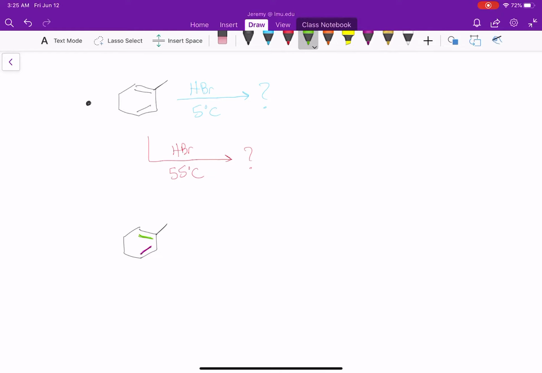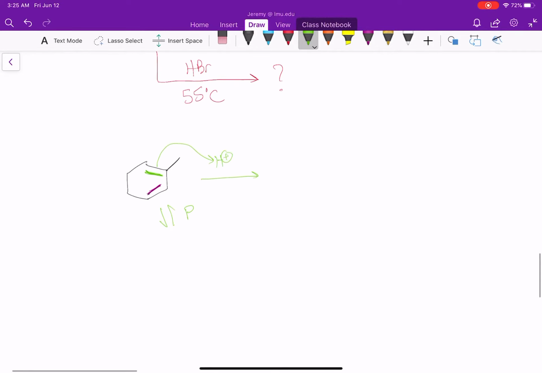All right, so let's try the green path. We know we can protonate with H plus, so we can protonate here. If we take the green path, we can protonate here. What's really important for us to know is that we're always going to put the carbocation next to the alkene.